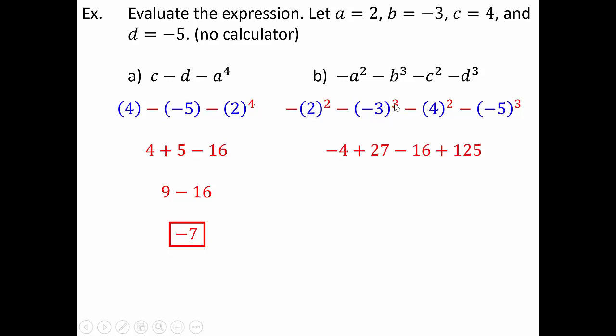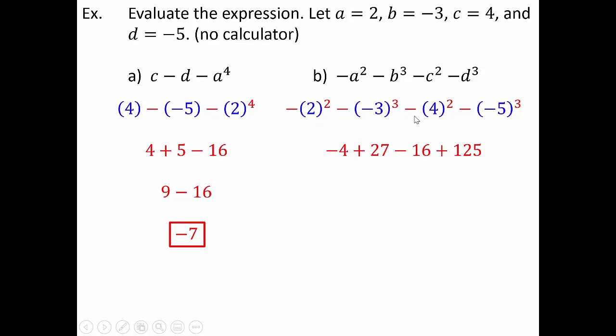Notice here, negative 3 cubed, negative 3 times negative 3 times negative 3 is negative 27. So the negative is still there on this cubing operation, but there was also another negative because of the subtraction. So I technically have 2 negatives there, which makes it a positive 27.